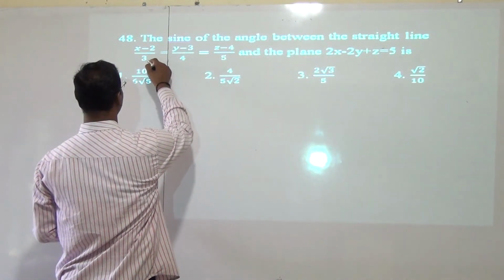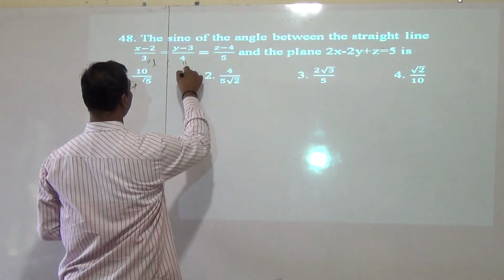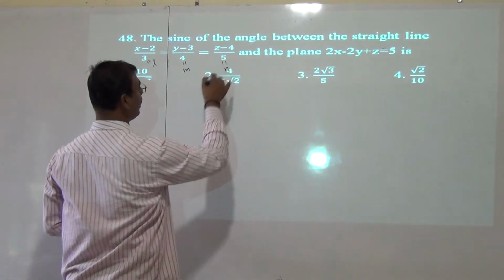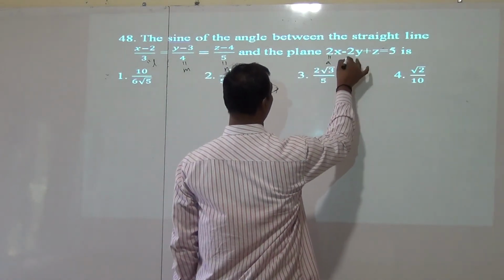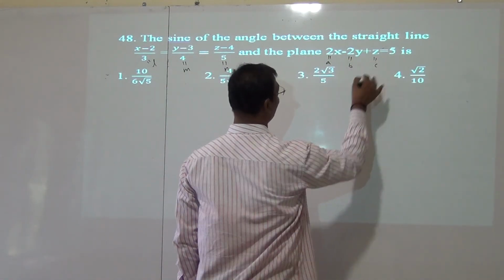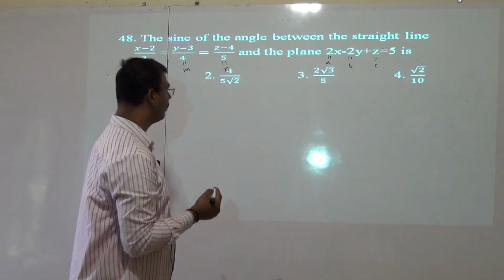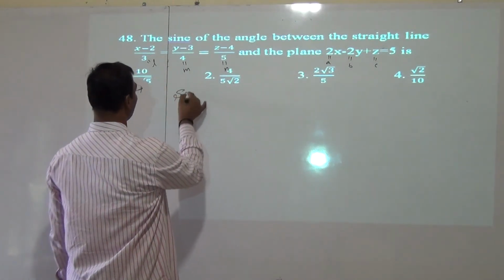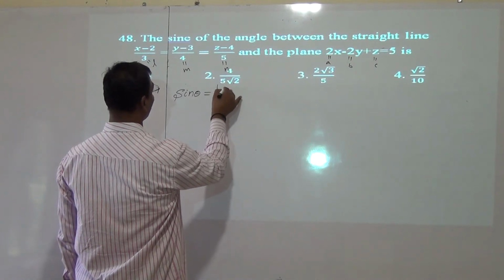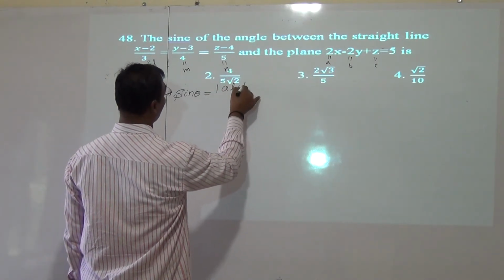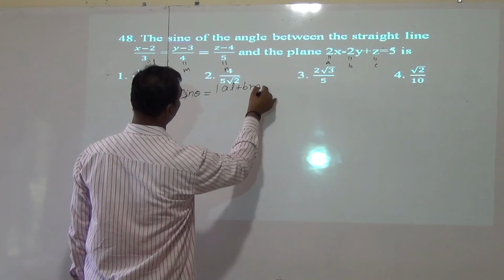This is L, this is M, this is N. What are A, B, C? This is equal to A, this is equal to B, this is equal to C.